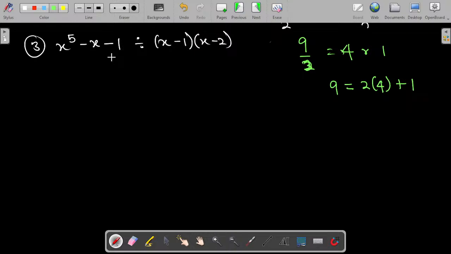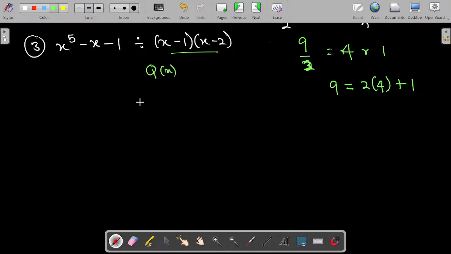We are assuming that if you divide this x raised to power 5 minus x minus 1 by this, you're going to get something. But we don't want to do the real division. So we now said, let's call that thing we will get q of x, a quotient.